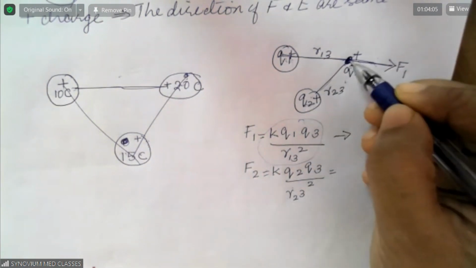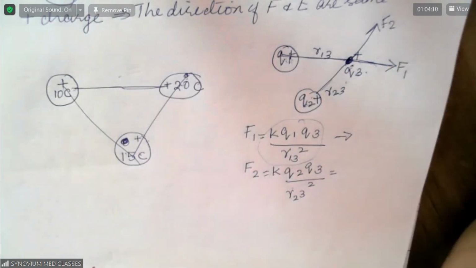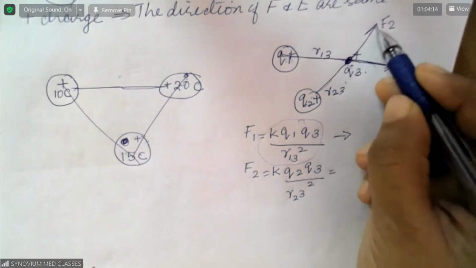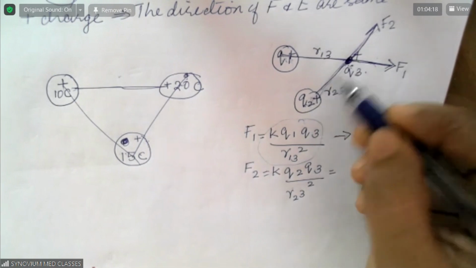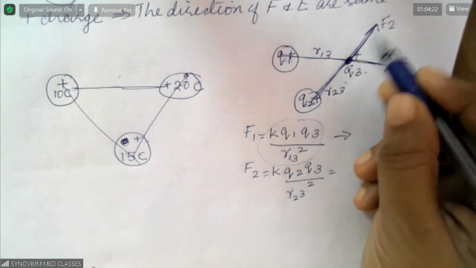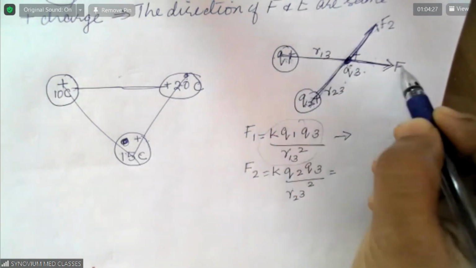Both are positive, they repel, so F2 is in this direction. This is in this direction, because the line joining them, that is a principle: force between two charges will always be along the line joining them.